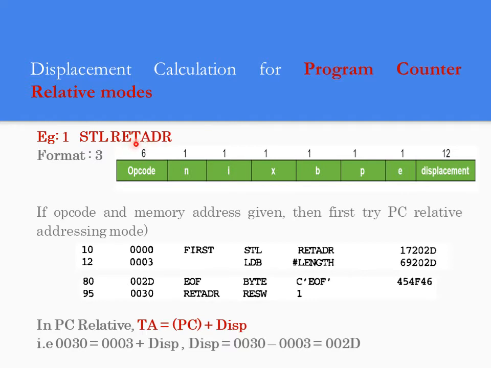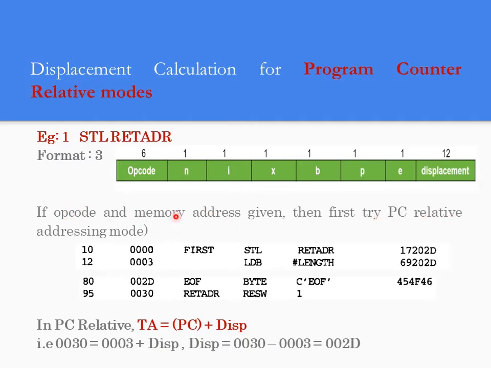For PC relative, the displacement should fall between minus 2048 and 2047. If it doesn't fall into that range, then the assembler would try to decode it using base relative. So first we'll check for the displacement value in PC relative.